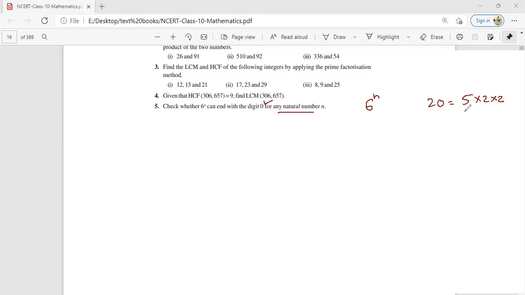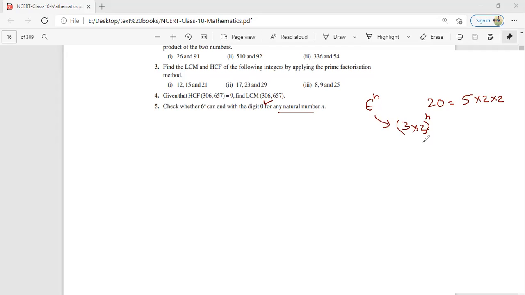One of its prime factors must be 5. But here if you see 6, the factors of 6 are 3 into 2. Whatever power you put, even 10,000, the factors will be 3 and 2 only. So when 5 is not a factor, it will never end with the digit 0. That you have to explain only.